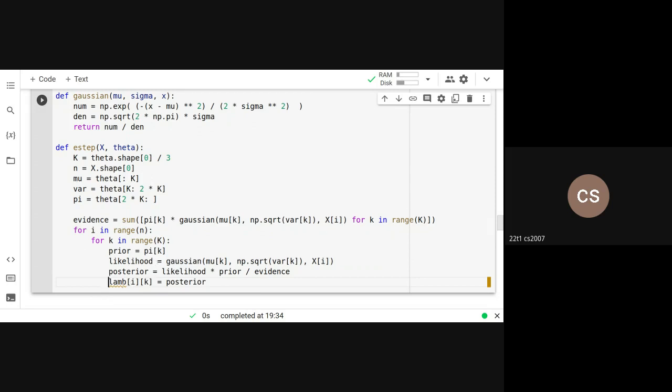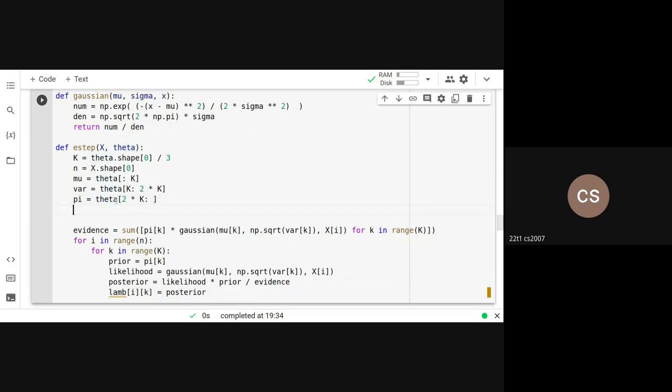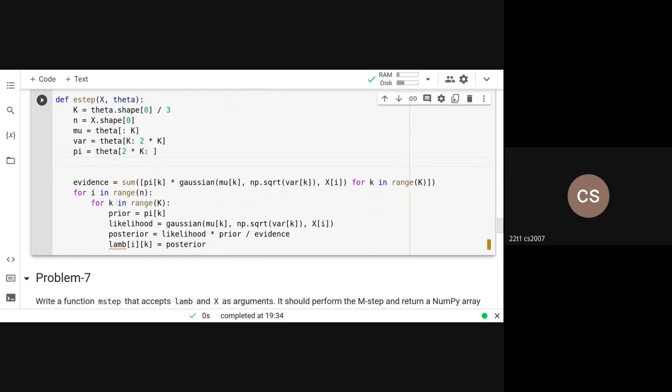The only thing missing is that lambda is not defined. So how will you define the lambdas? What should be the shape of the matrix lambda? 100,000 multiplied by 3. So I'll create something like this, n cross k.